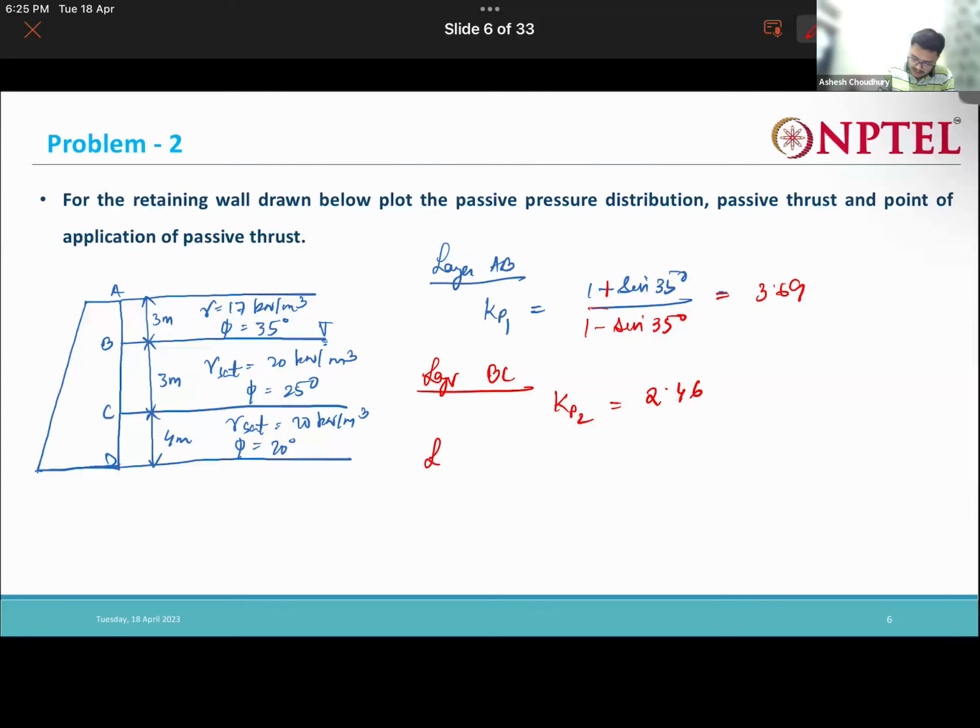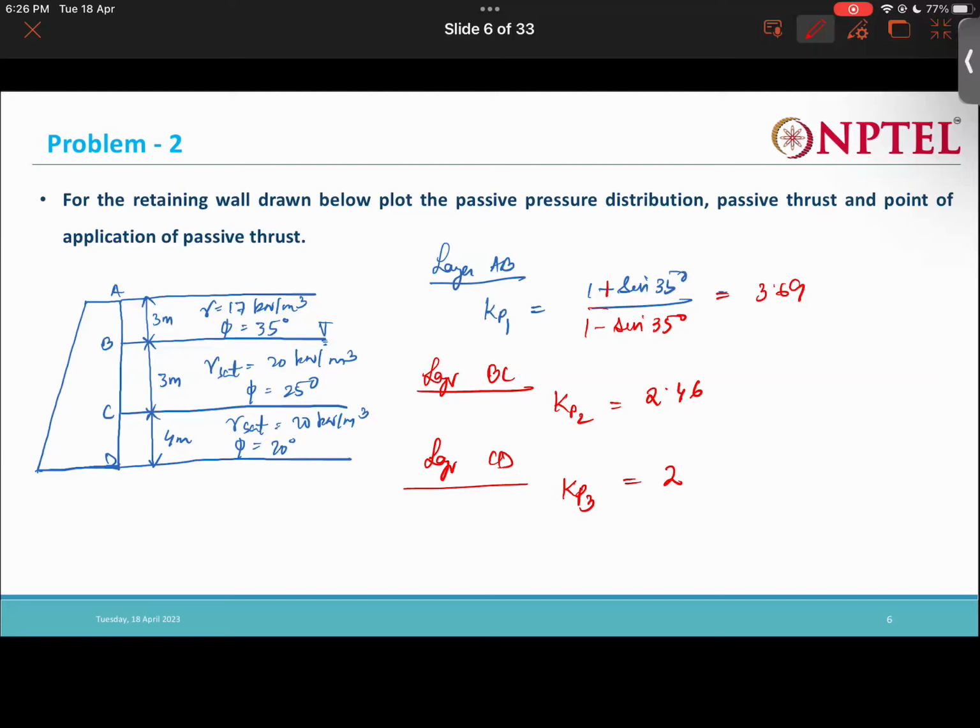And for the last layer CD, I have KP3, it will be 20 degrees. It will be 2.04. Okay, now see the water table is here.